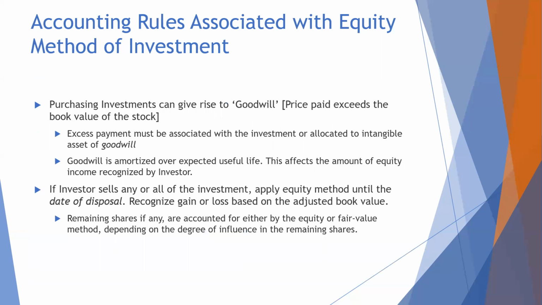Some more rules. Most of the time, the price the parent pays to the subsidiary company for their investment exceeds the book value of the stock. Therefore, most purchases of investments will give rise to goodwill.